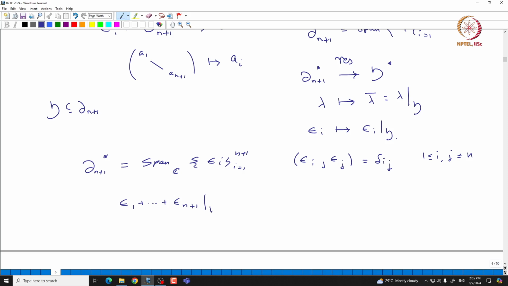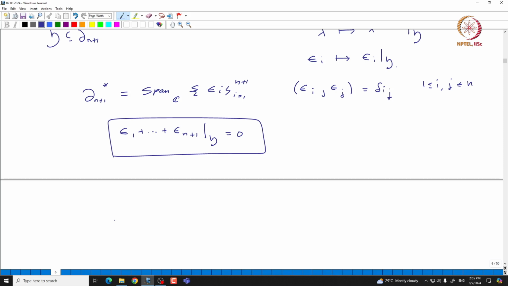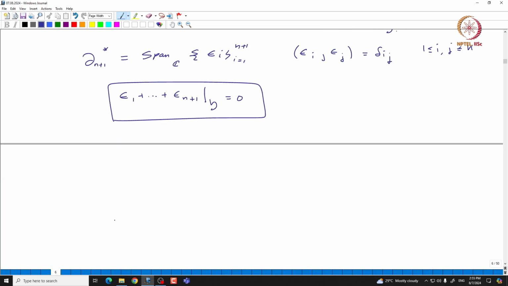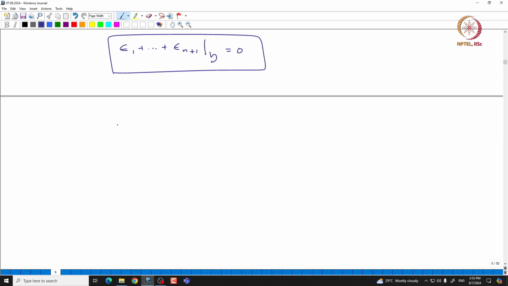So, the restriction of this is going to be 0 on h. So, now if we take this particular element and then take its orthogonal complement, this can be identified with h star.